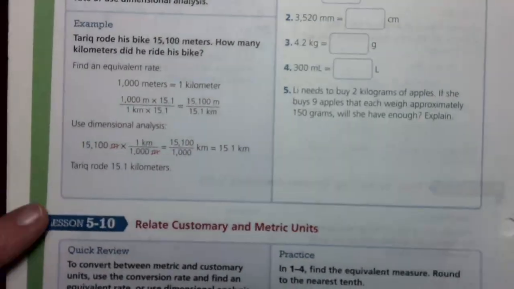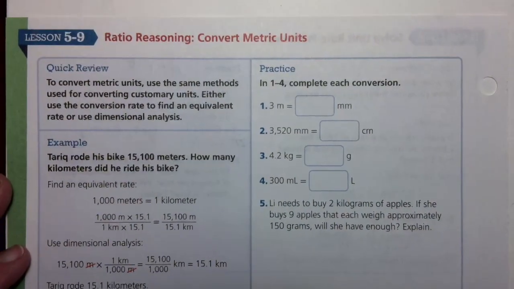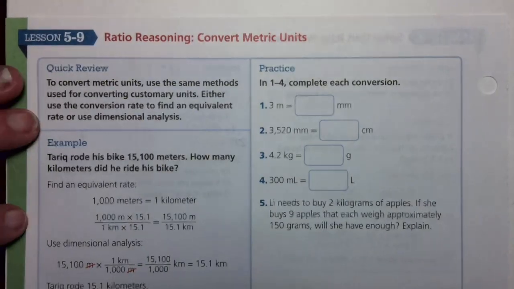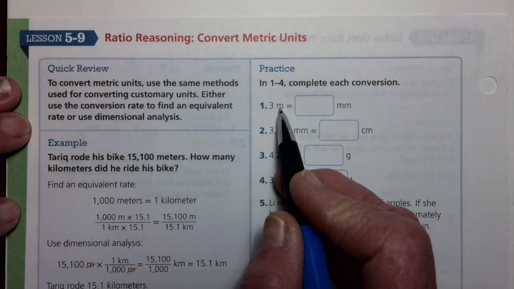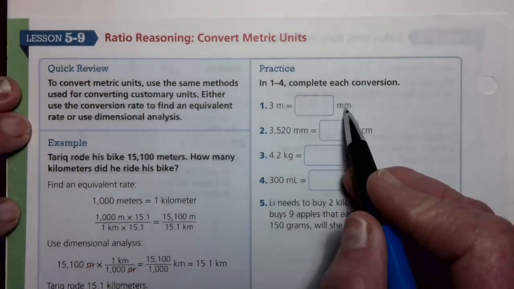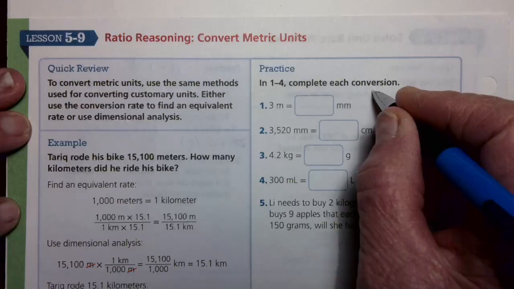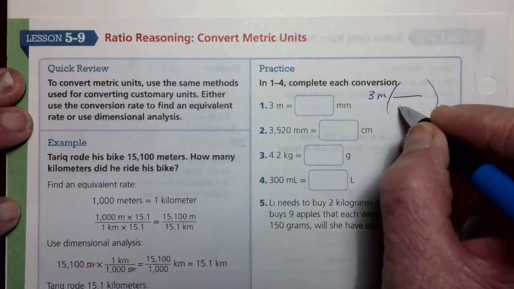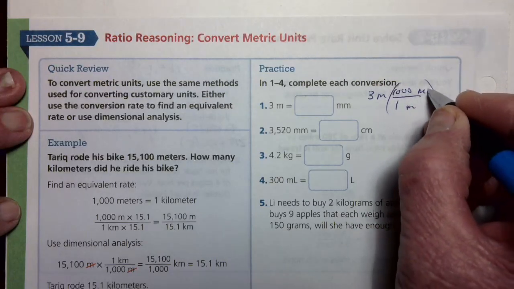All right, 5-9, same kind of thing, except it's with metrics. We're going to take meters to millimeters. A meter is bigger than a millimeter. It takes 1,000 of these to make one of these. So I'm going to take my 3 meters and multiply by, in 1 meter on the bottom, there's 1,000 millimeters.